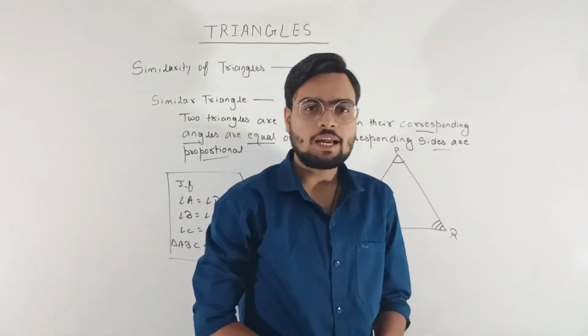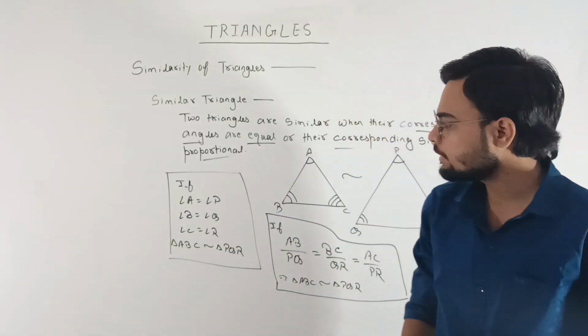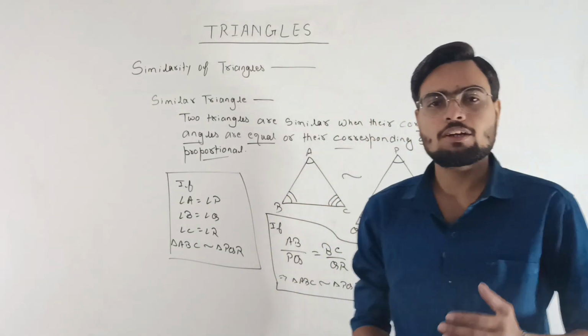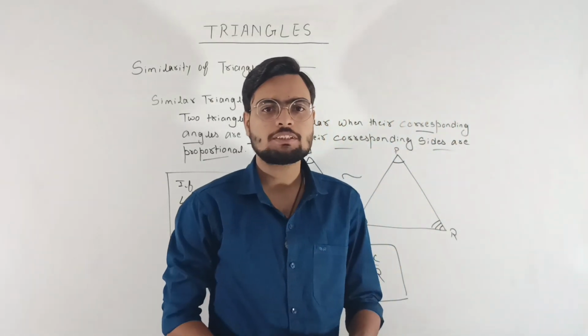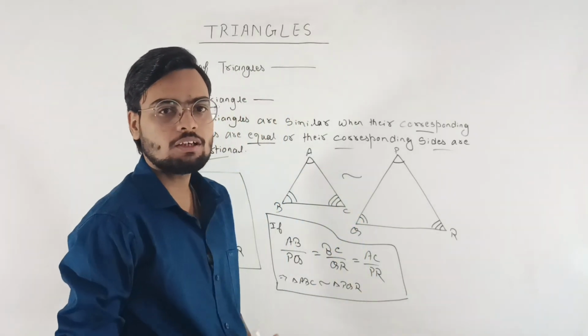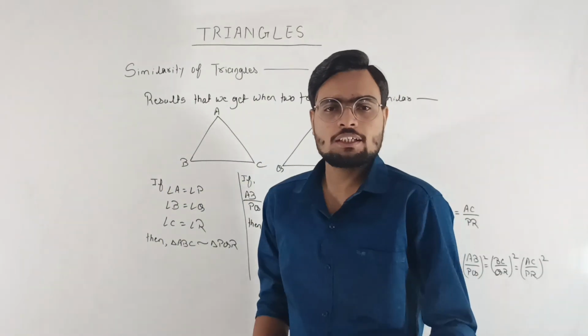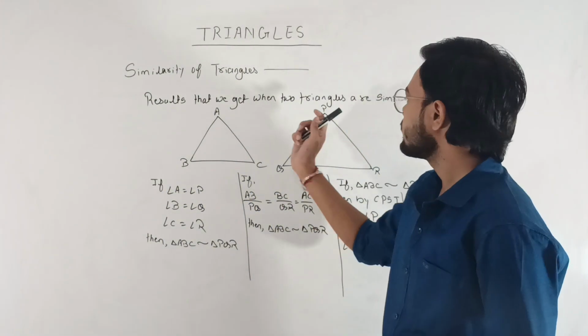Understood? When corresponding angles of two triangles are equal, then in this case we say two triangles are similar. When their corresponding sides are proportional, again in this case we say these two triangles are similar. Understood? Now let's see what results we get when two triangles are similar.